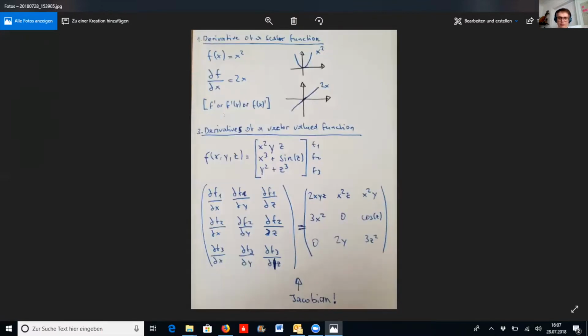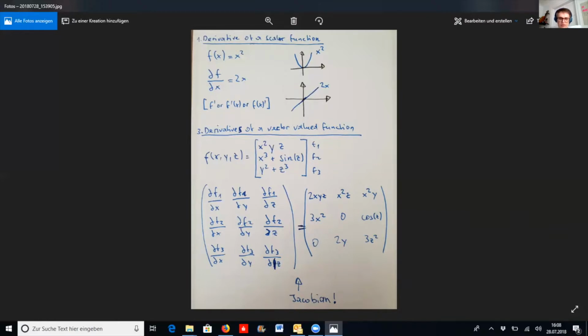And then the next step would be to build the derivative of a vector-valued multivariable function. This is a function made up of three single functions, and there you can build three derivatives, one in each direction for each of the functions. You can arrange those derivatives in a matrix, which is really just a way to organize these derivatives.